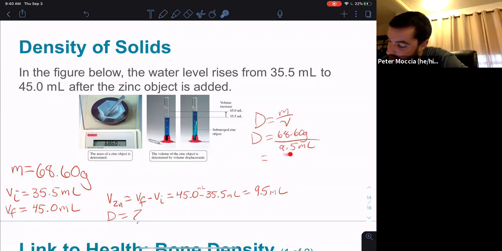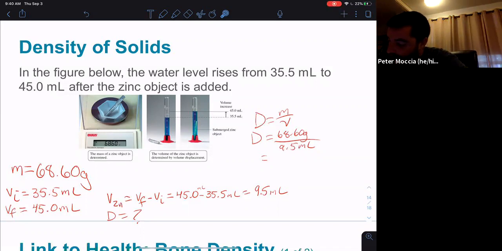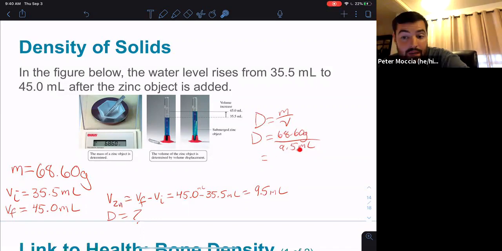And this has 2 sig figs, so I'm going to use 2 sig figs. Even if these two have 3 sig figs, I have to use how many sig figs are in this division problem right here, and there's only 2 sig figs here. So I am going to use 2 sig figs in my answer. So I'm going to get 7.2 grams per milliliter.